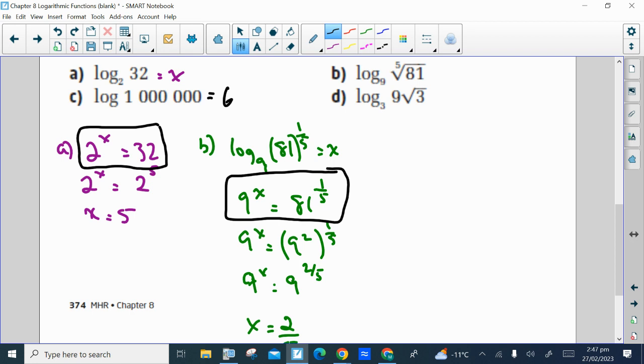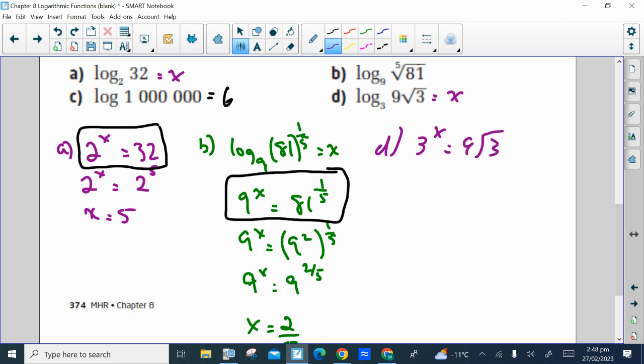Right? But for D, you can't use the log key directly. This is asking 3 to what power equals 9 root 3. That's what it's asking, right? Just like question A is asking 2 to what power is 32. And B is asking 9 to what power equals the 5th root of 81. Question D is asking 3 to what power equals 9 root 3. We want to know what that equals, so we set it equal x, and then we convert from logarithmic to exponential.